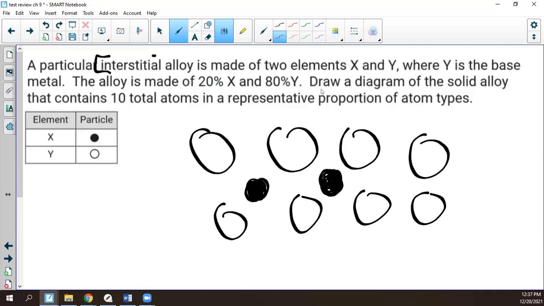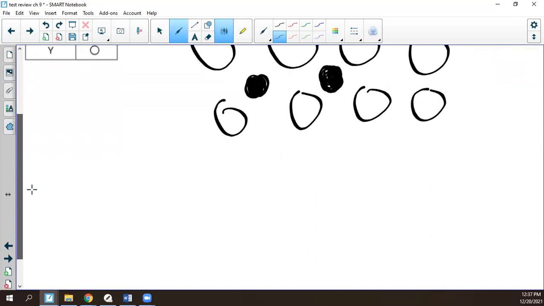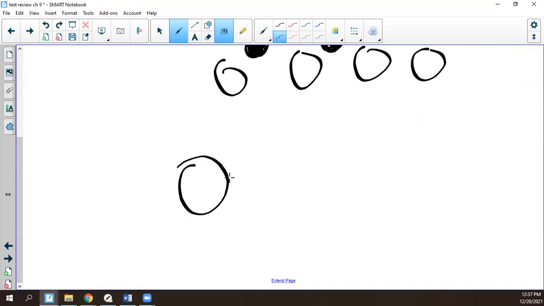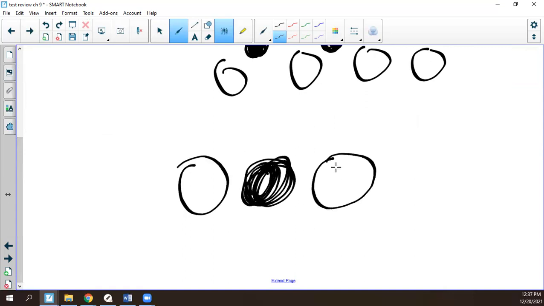Inter means in between. Now, say it, Corbin. What was the other one you said? Substitutional. If this said substitutional instead of interstitial, it would have been like same size but different element.